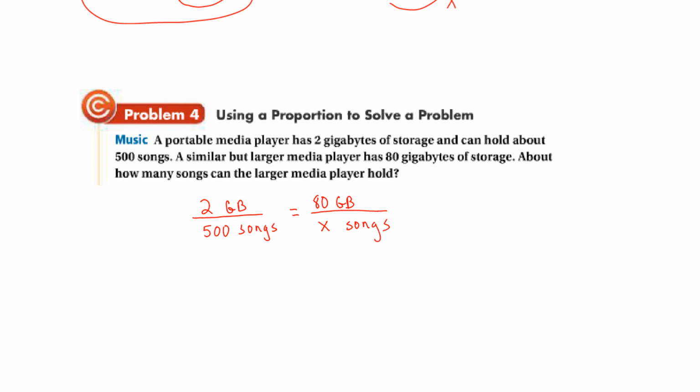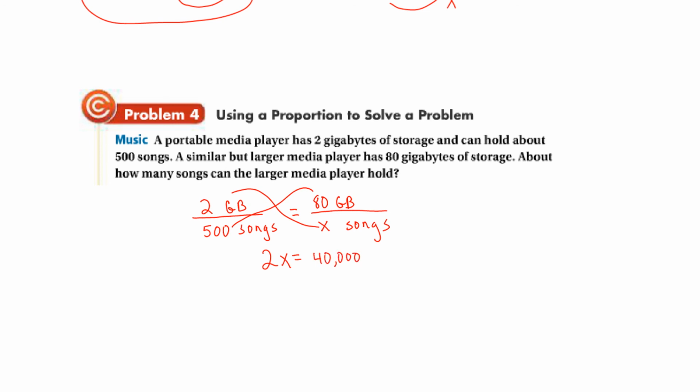Now I can do my cross products: 2 times x, which is 2x, equals 500 times 80, and I get 40,000.